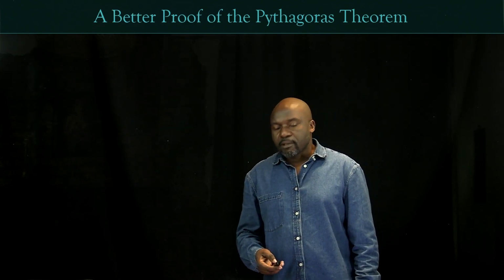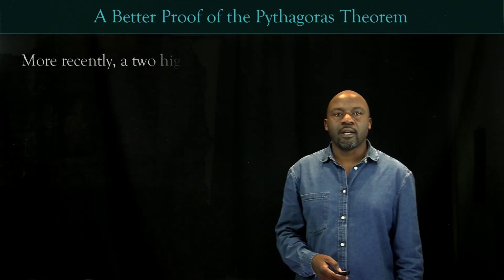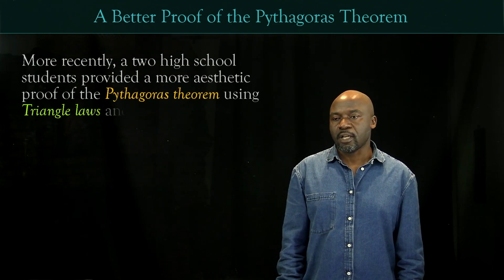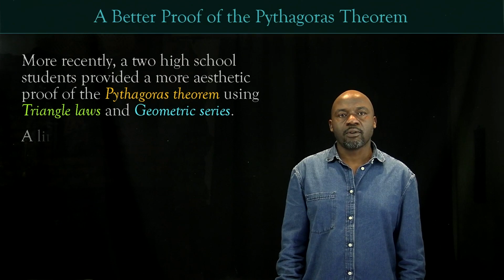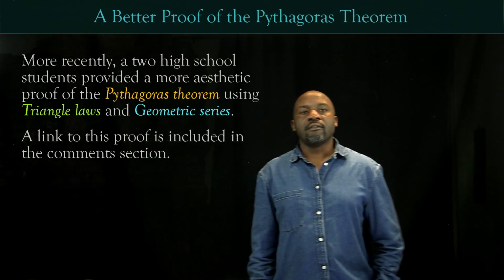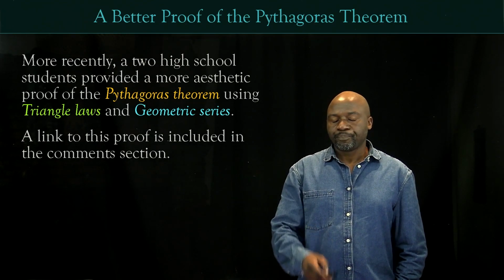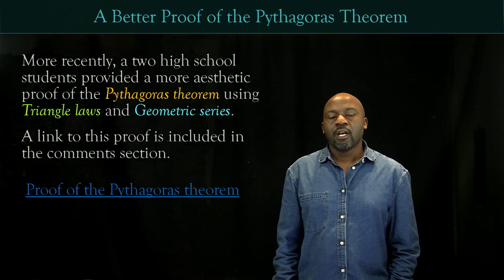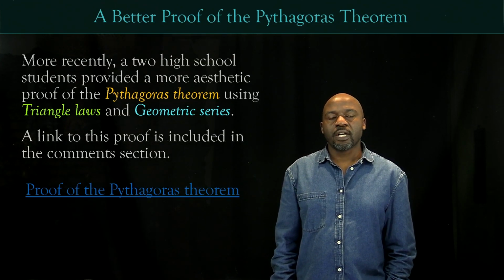There is a more, I would say, aesthetic proof of the Pythagoras theorem that was provided just this year, I think 3 months ago, by 2 high school students, I think from New Orleans. I have placed a link in the comments section on this proof. You can take a look at it.